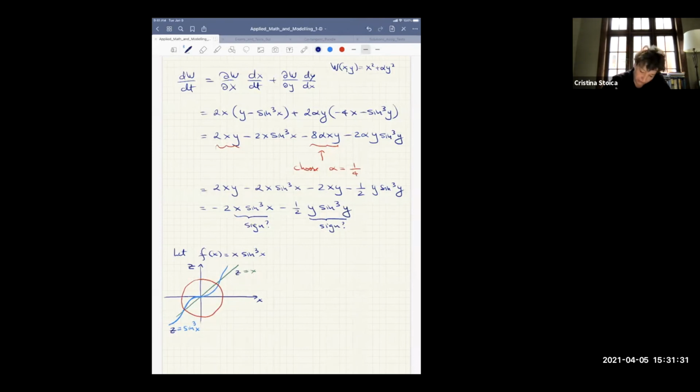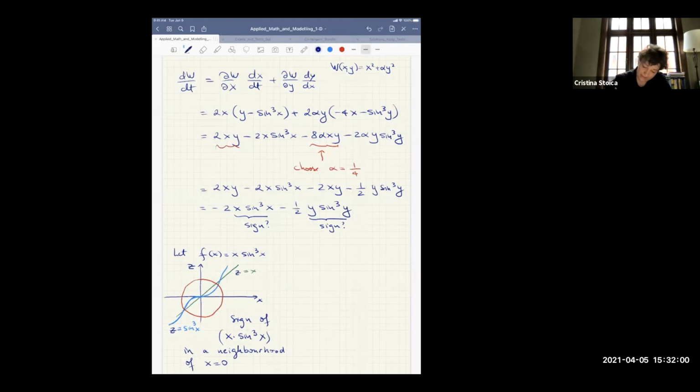So what we're interested in is the sign of x times sine cubed of x in a neighborhood of x equals 0. So I put the neighborhood in red, okay?